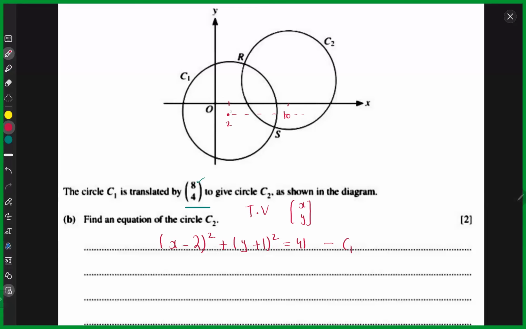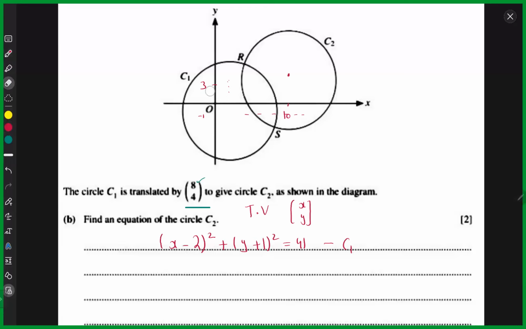And when you move this point 4 units above, for now it is at minus 1 and it would come to 3. You can think about it this way as well.